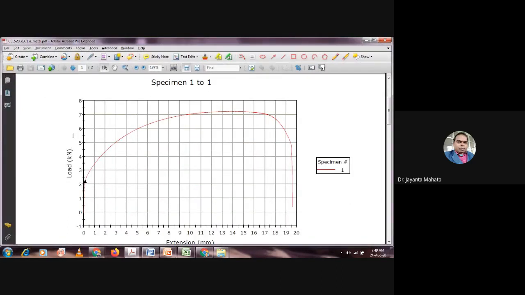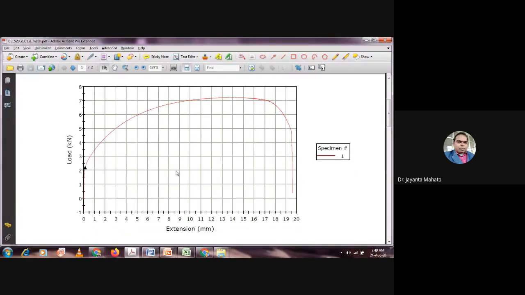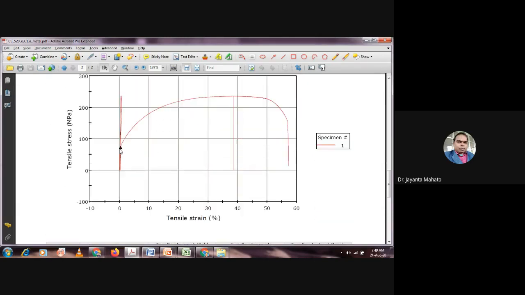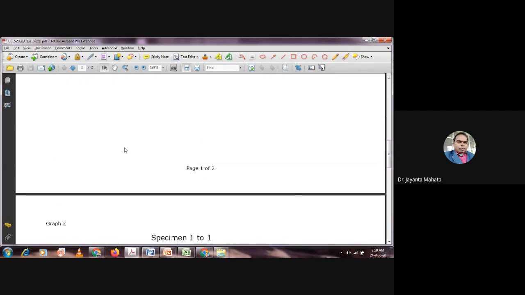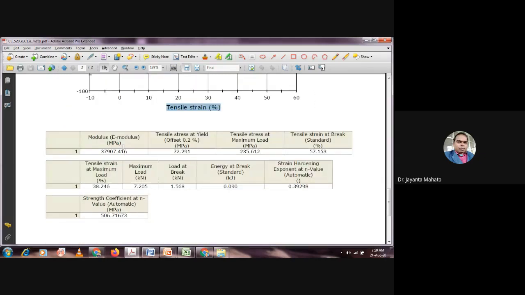From this PDF file, you will get the load extension curve. You can design this PDF report for whatever type of curve you need: load extension, tensile stress versus tensile strain, true stress versus true strain. After every test, you will get this type of file. Is it visible?